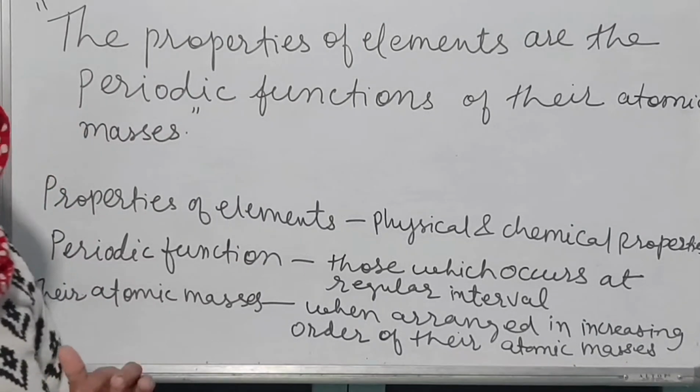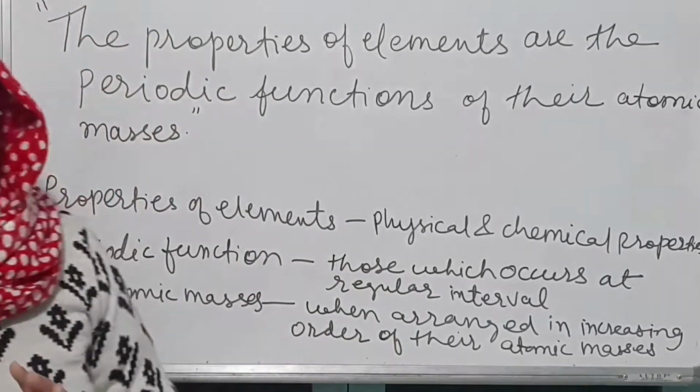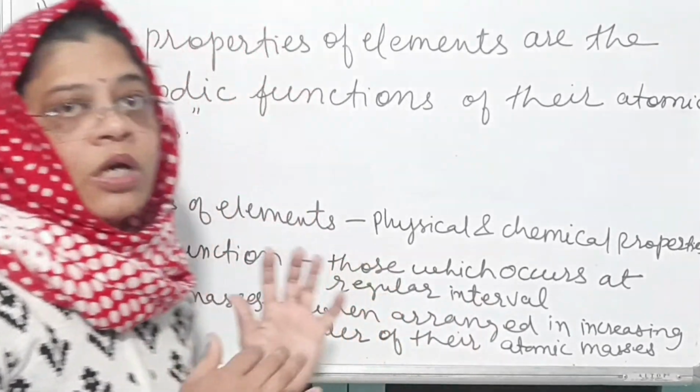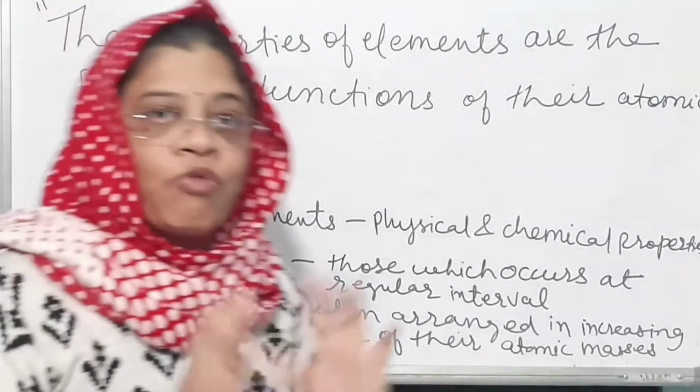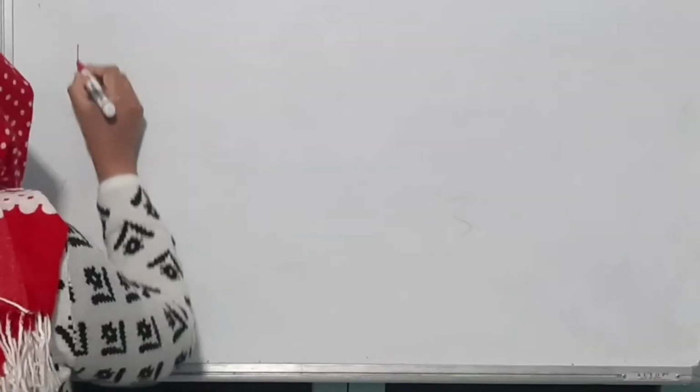Okay, and these elements which have similar properties can be grouped together. So now let's understand how Mendeleev grouped the elements together in the form of a table. The Mendeleev periodic table has 8 vertical columns.